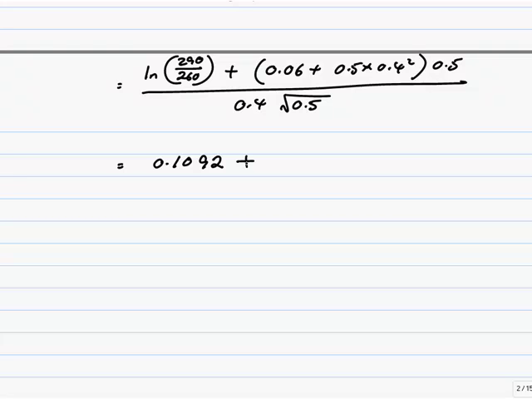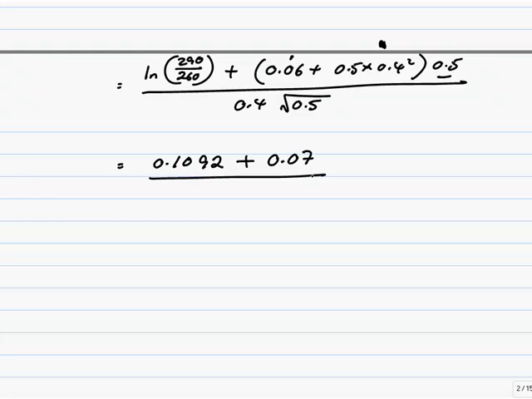Plus, well, I want to do the whole of the next bit on my calculator. If I start with the end bit here, 0.4 squared times 0.5 is 0.08. If I add 0.06, I get 0.14. And if I then multiply by 0.5, I get 0.07.